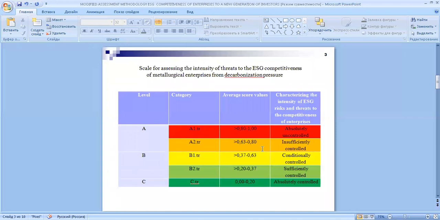Here you can see the scale for setting the intensity of threats to the ESG competitiveness of metallurgical enterprises from decarbonization pressure.